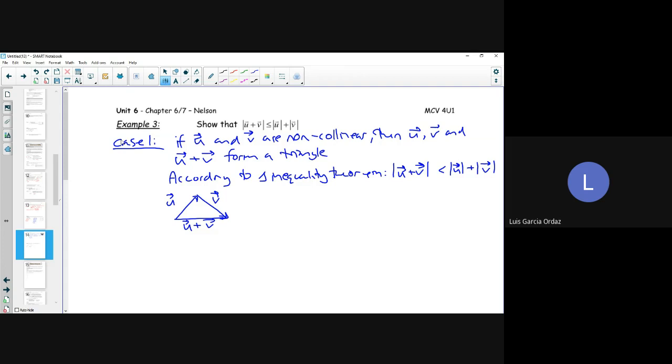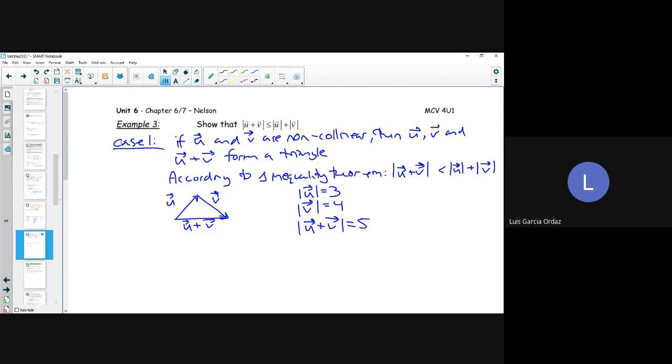So if I have, let's say, the magnitude of u is equal to 3, and the magnitude of v is equal to 4, and let's assume it's a right angle triangle, then the magnitude of u plus v gives me 5.